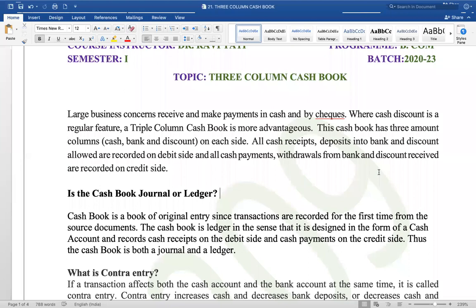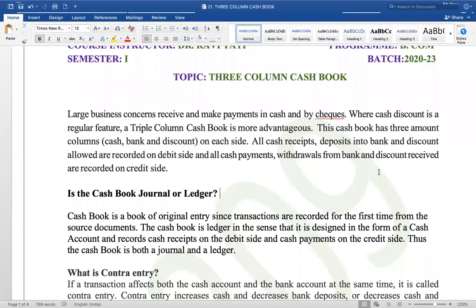So all cash receipts, deposits into the bank, and discount allowed are recorded on the debit side. And all cash payments, withdrawals from the bank, and discount received are recorded on the credit side.